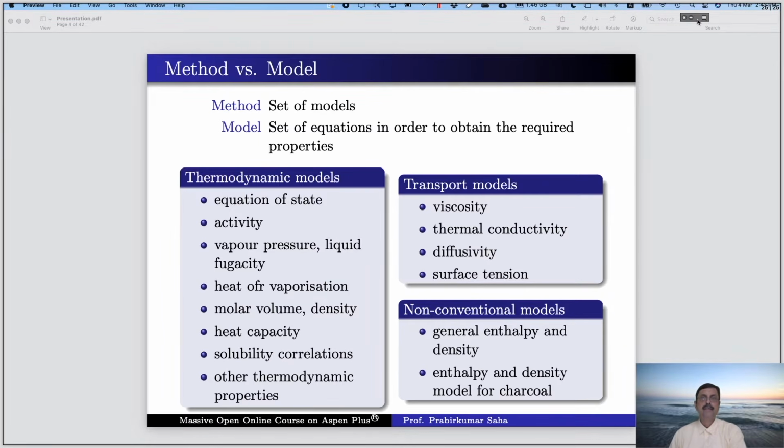A model is a set of mathematical equations to obtain the required properties. So a model may have only a single equation or multiple equations, and a method may contain only one model or a set of models working together.